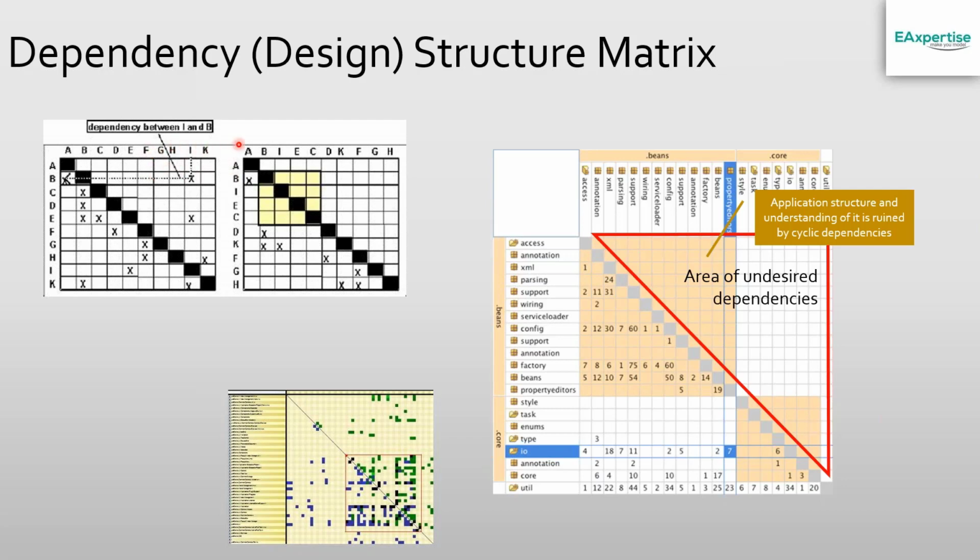So what dependency structure matrix tools try to achieve is that by doing some calculations, they push all the dependencies below the diagonal, as you see in this matrix. So what you don't want is dependencies above the diagonal.